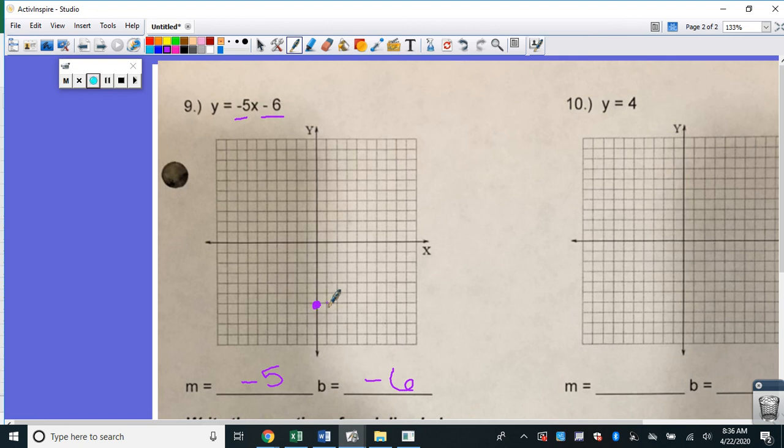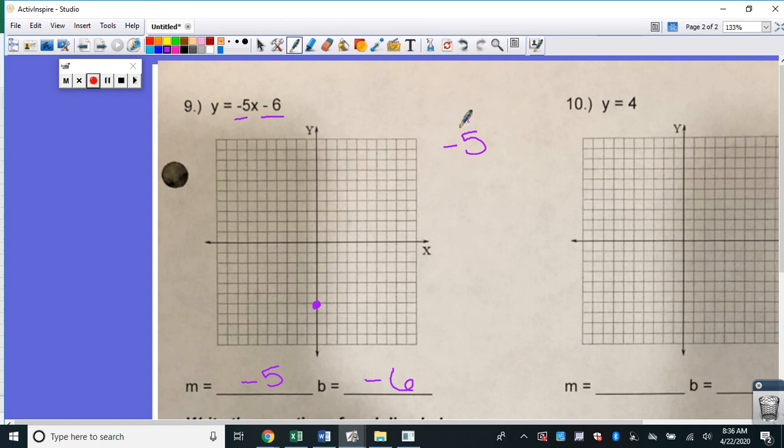All right, now this one's a little weird because I always start at the y-intercept, and then I do the slope from there. This one's going to kind of go off the graph, and that's going to irritate me just like it probably irritates you. So because the slope is negative 5, again, I'm looking for rise over run.